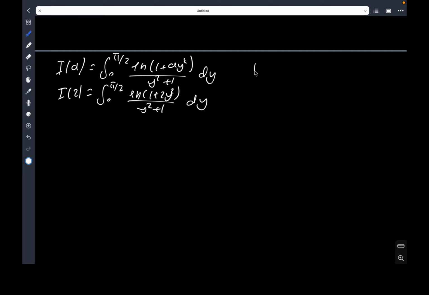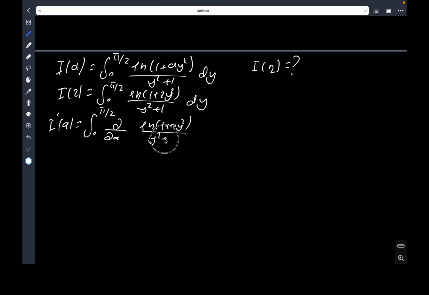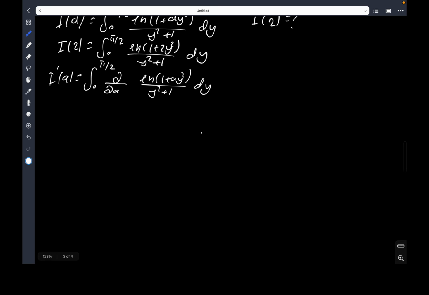Thus I have to find I of 2 according to the Feynman technique. So first I'm going to take the derivative of this integral with respect to a. It's going to be partial a of ln of (1 plus ay squared) over (y squared plus 1) dy.